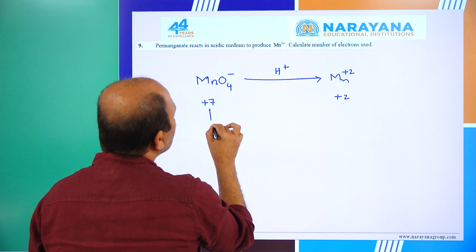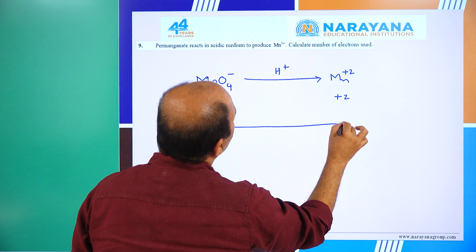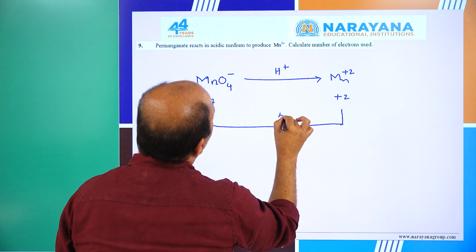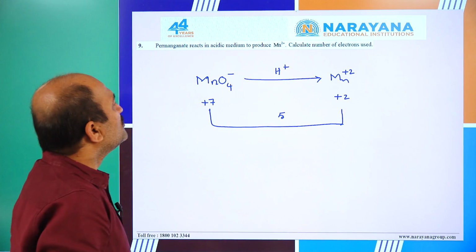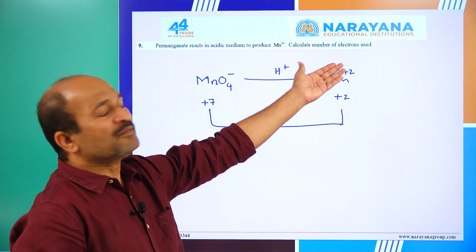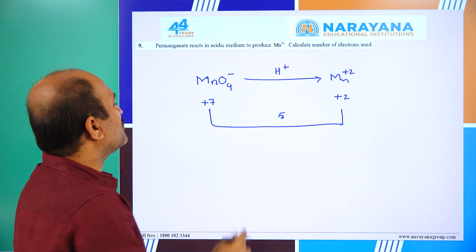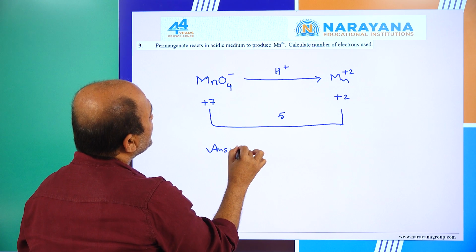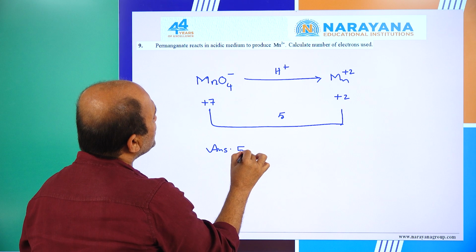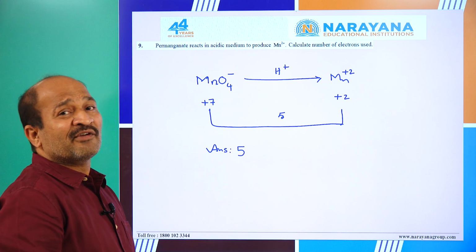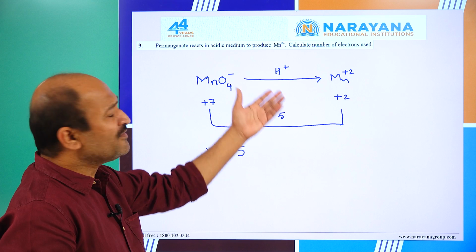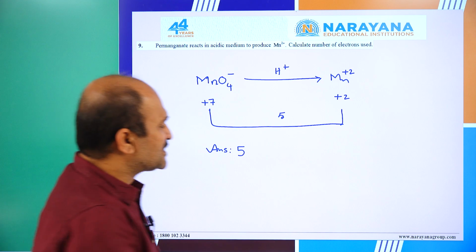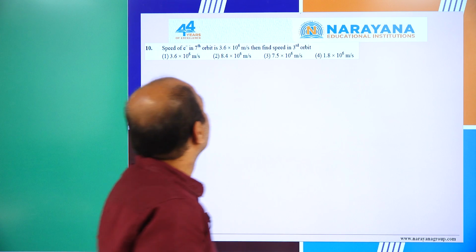The difference is 5, right? So the number of electrons used is 5. The n-factor for this question is 5. Students who have good perfection in solving the question will score more marks. And go for the next.